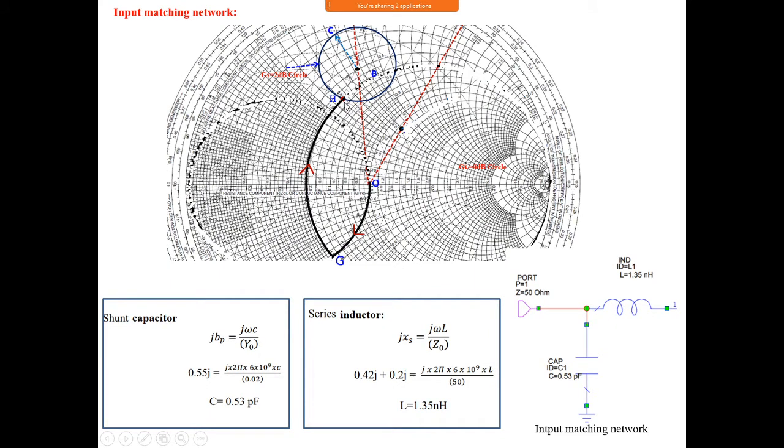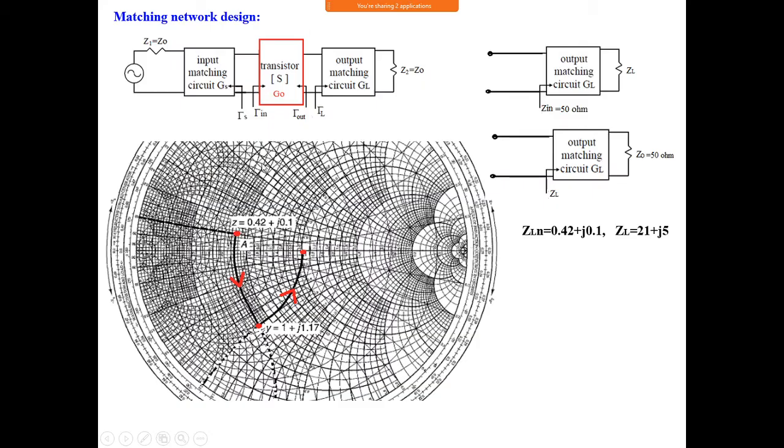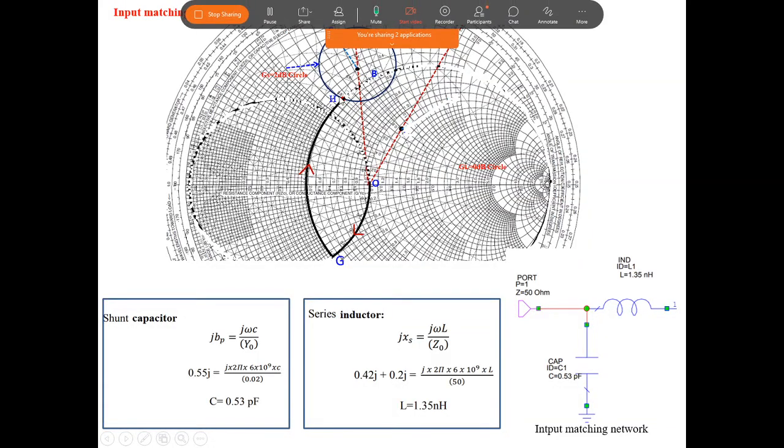This is the point I have chosen here at H. Okay, this point. So now using this point impedance, what we have to do? Looking into this direction, the impedance needed is this value. This is the value I needed here.